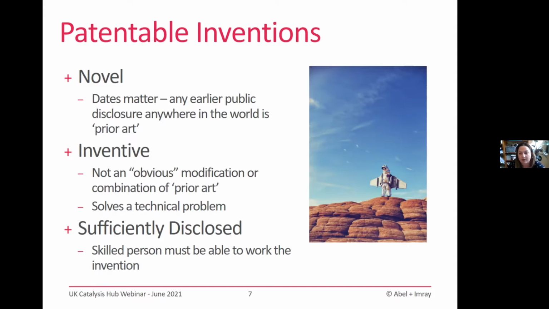So your later filed patent application, that invention can't be new over what you've already disclosed. So do be really careful about at least thinking whether you want to file a patent application before disclosing. The next requirement is the invention must be inventive.